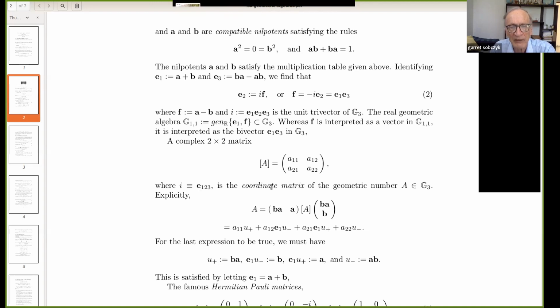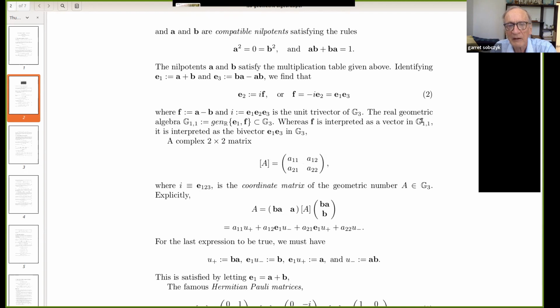Okay, so we can easily create the corresponding element A in the geometric algebra G3 by writing it like this: A times this 2 by 2 real matrix, A11, A12, A21, A22. If you consider these to just be a real matrix, then you get the geometric algebra G11.